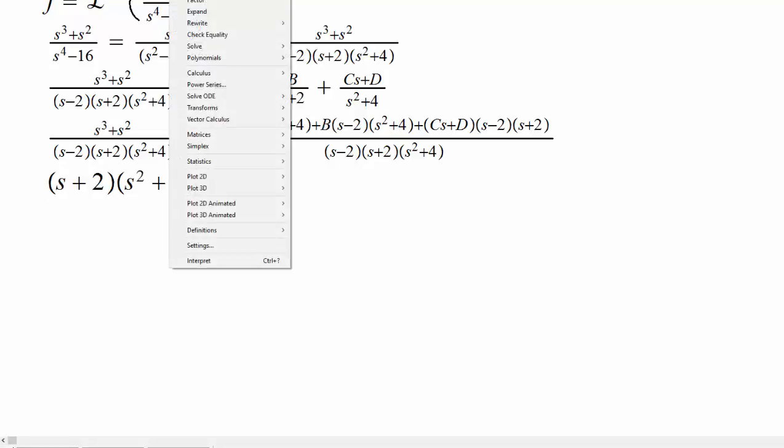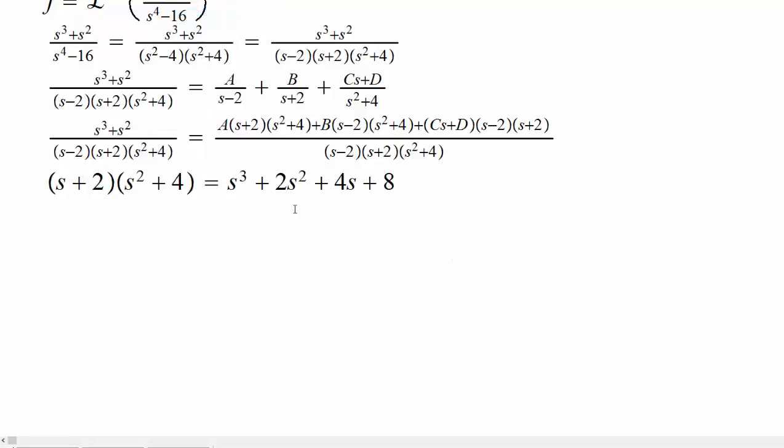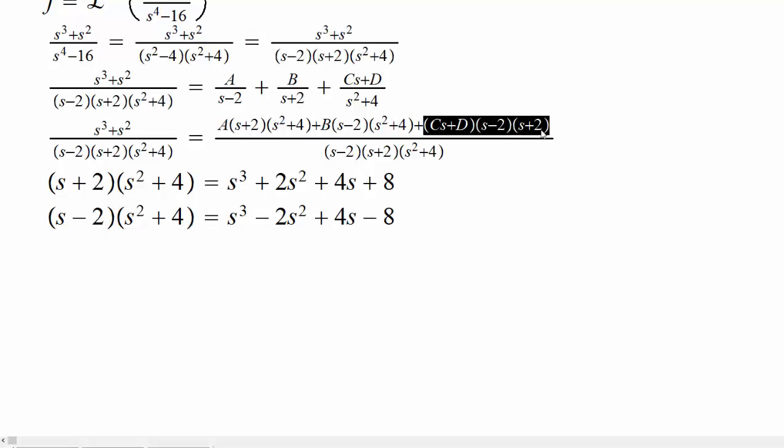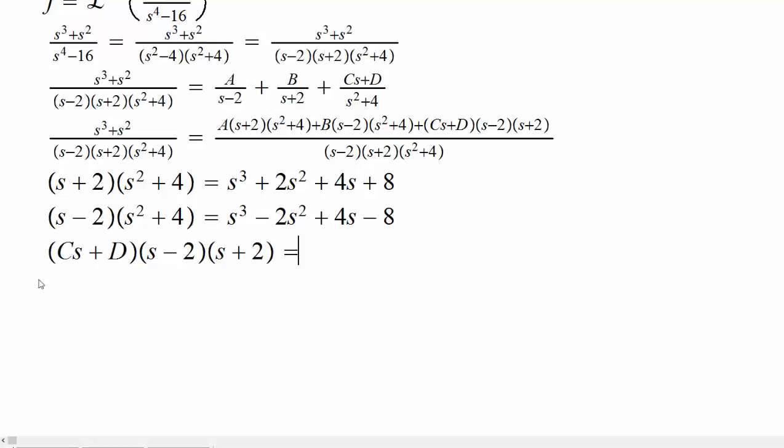So this one, if we FOIL it, this becomes that. If we FOIL this, this will be this, and let me FOIL the last one by hand. So first I would do this, s minus 2 times s plus 2 becomes s square minus 4.